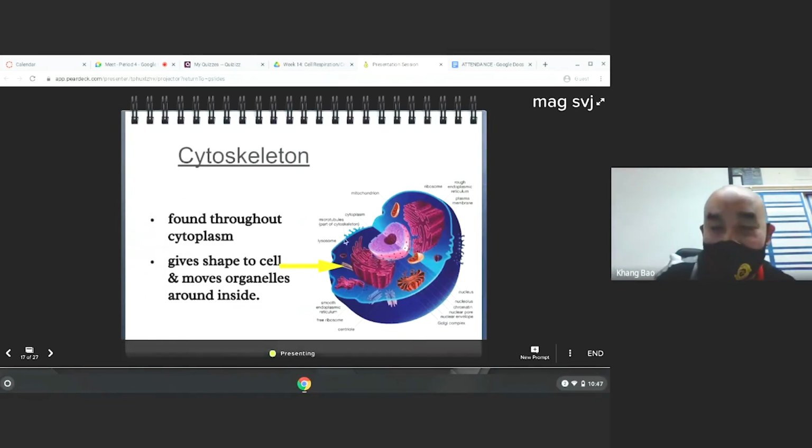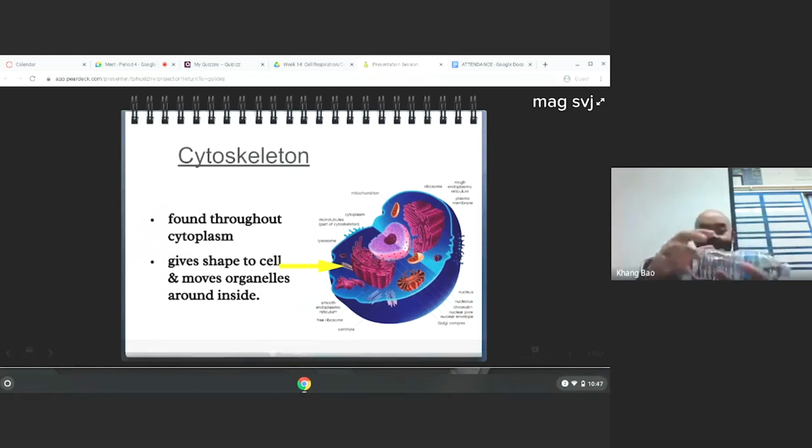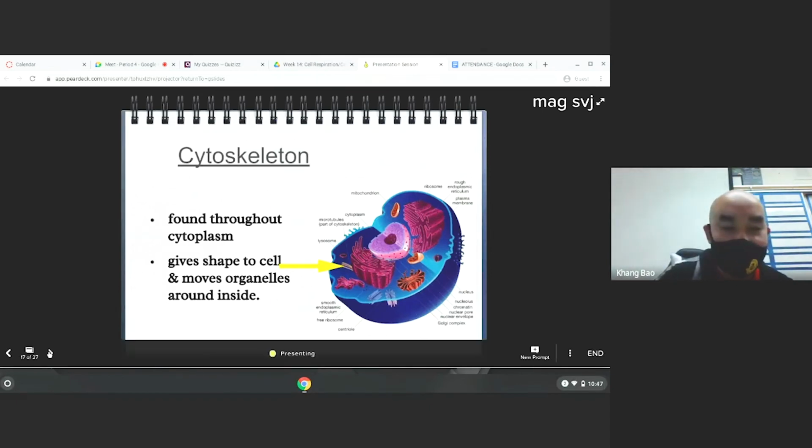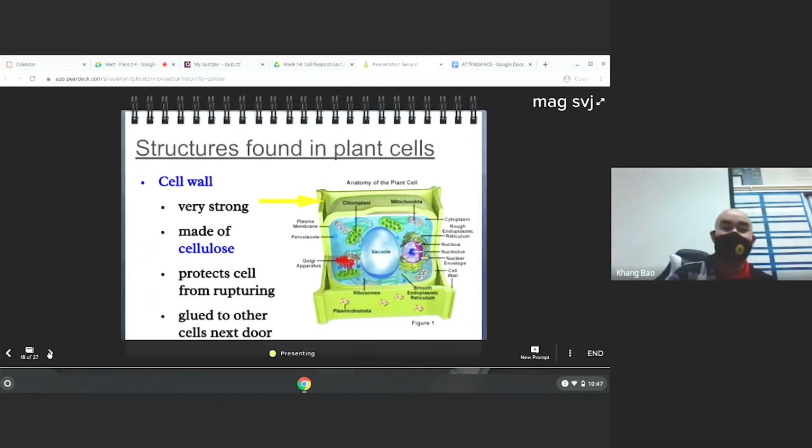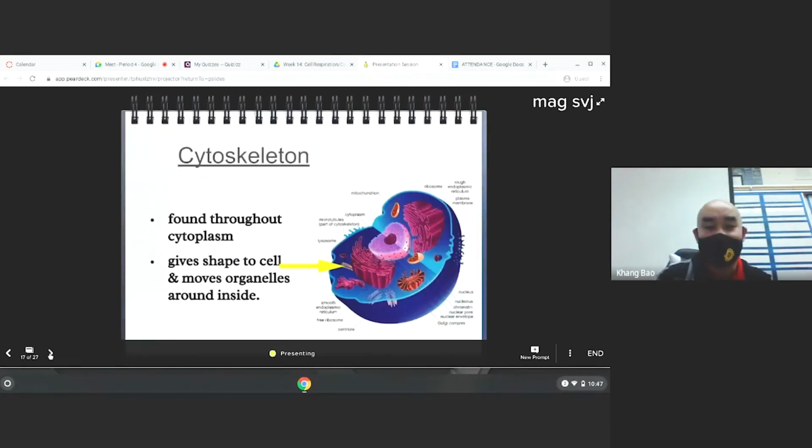It also allows organelles to move around. It moves different organelles around, so they don't just stay in one place. Just imagine, right? Your cell has water, so these organelles move around. They don't just stay in one place, okay? And that's the cytoskeleton.